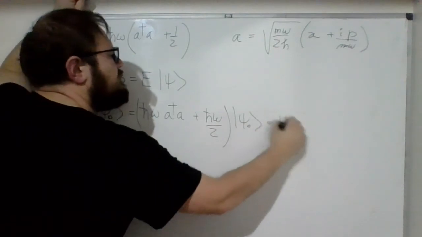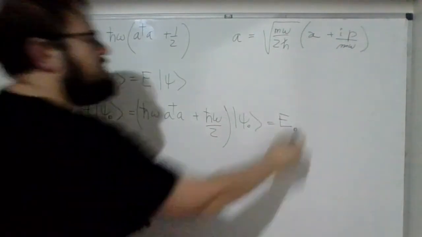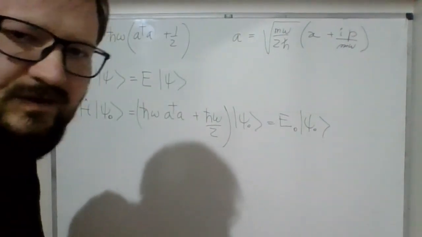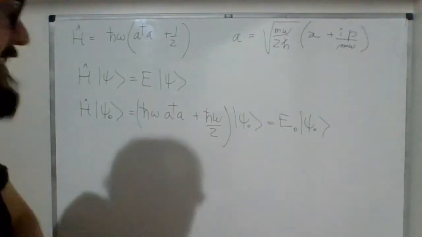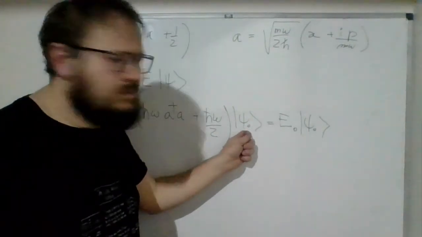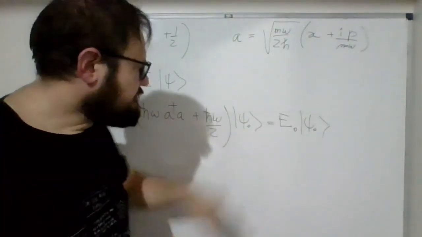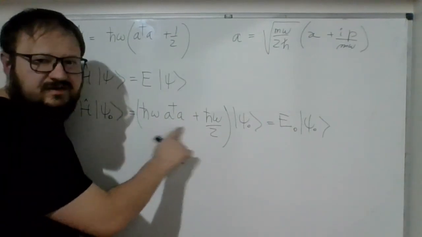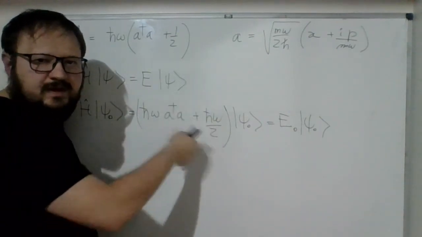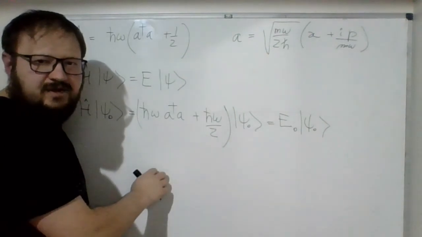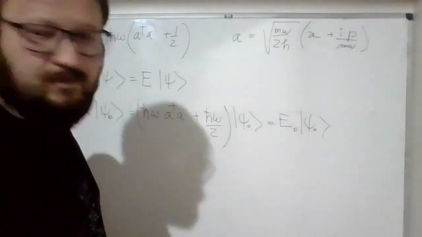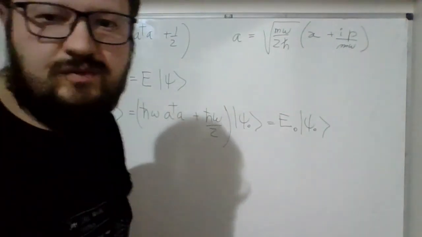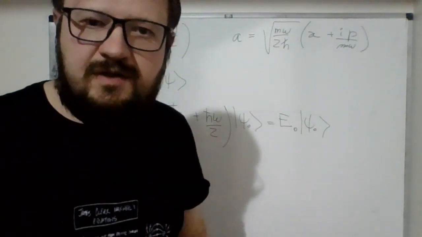It corresponds to the energy E0 times that function. All right, this is what we are trying to determine here, the ground state function. And notice this is a positive definite operator, so this will be higher than zero eventually, at least zero, and this becomes the lowest energy level. We already found the lowest energy level.